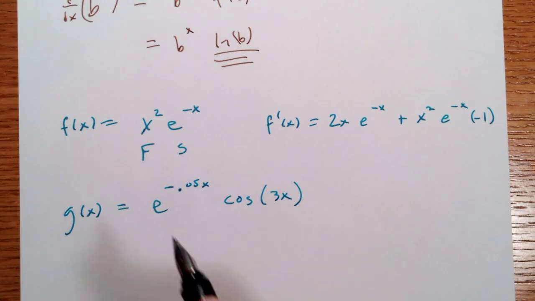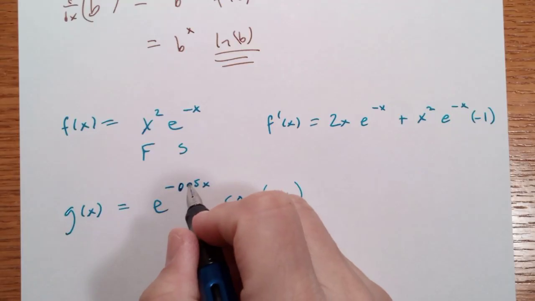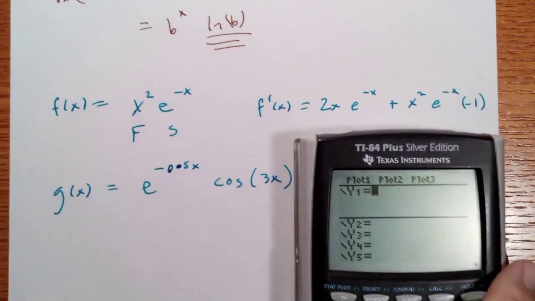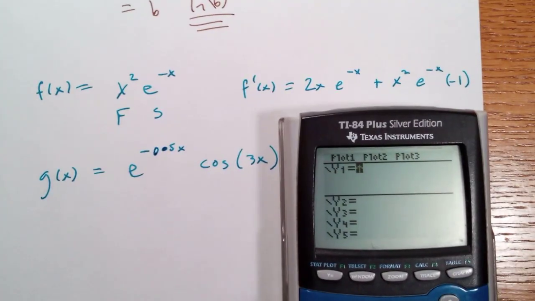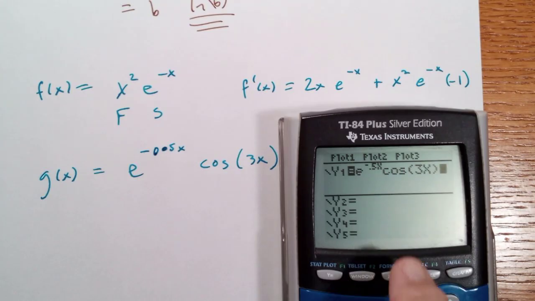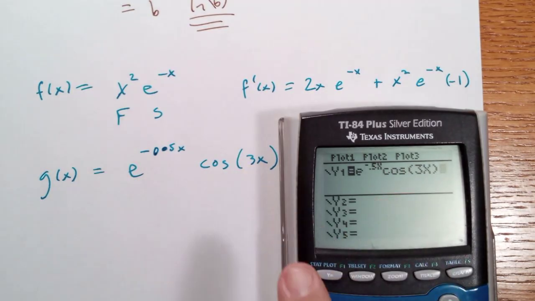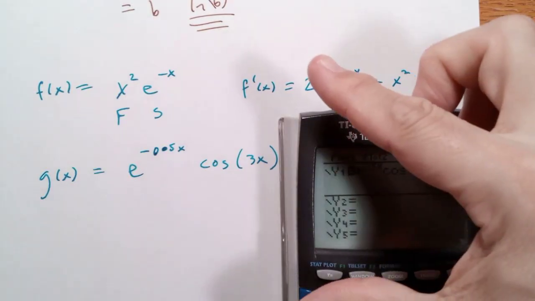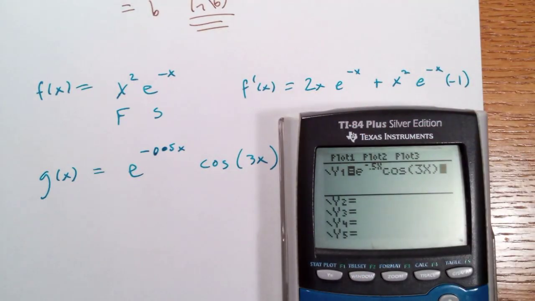Let's change that from 0.05 to 0.5. Y equals e to the negative 0.5x times cosine 3x. Now, if my graph was just cosine 3x, it would wiggle back and forth, up and down as we went. But this e to the minus 0.5x gets smaller as we go along.